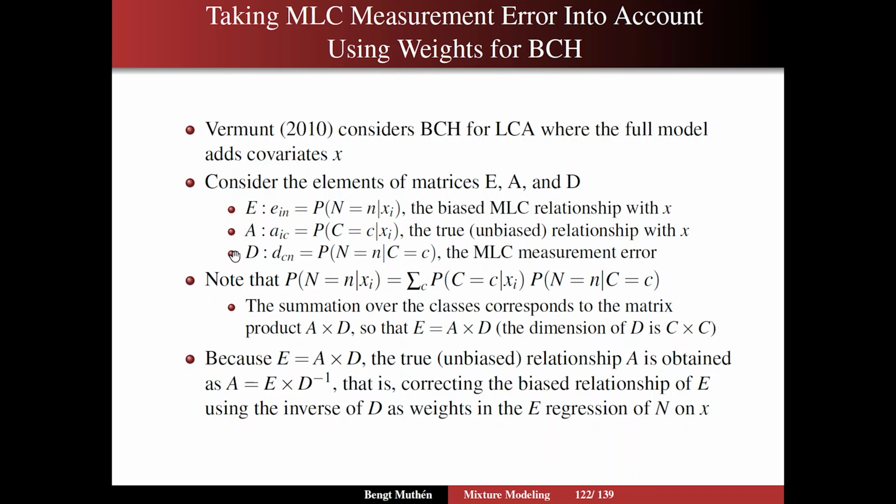And from that then, he can also add a matrix D, the probability of n equals n given C equals c, the measurement error in most likely class, which we just discussed. And the key to understanding this is that the probability of n given X, the first one, E, is equal to a sum over the product of C given X and n given C. So C given X, the true unbiased relationship, and the measurement error relationship.